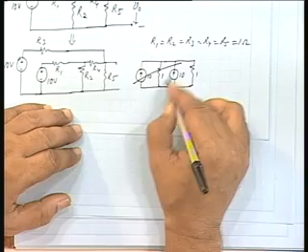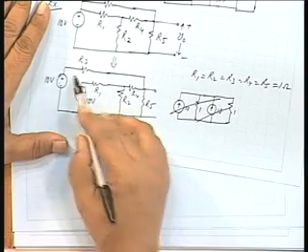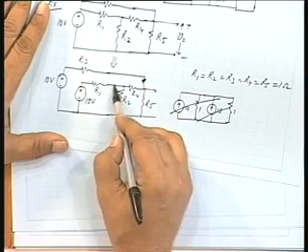Let me redraw this, because here there is a connecting resistance in between. So, this terminal and this terminal cannot be directly connected. So, let me draw the equivalent from here.